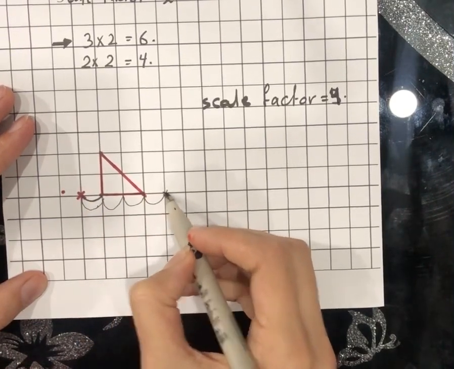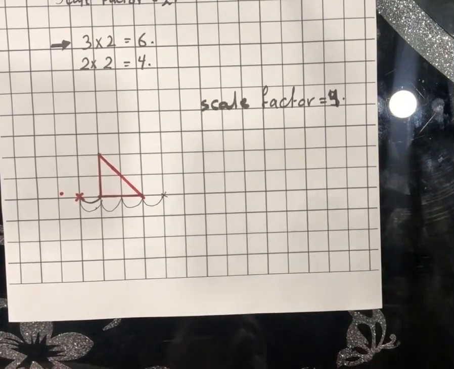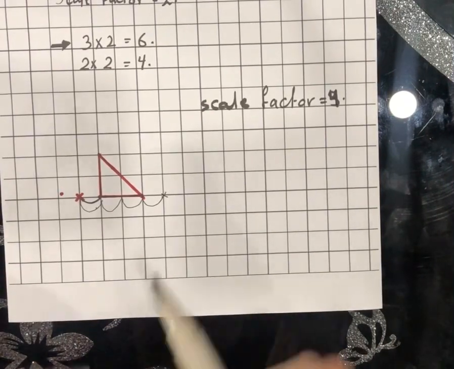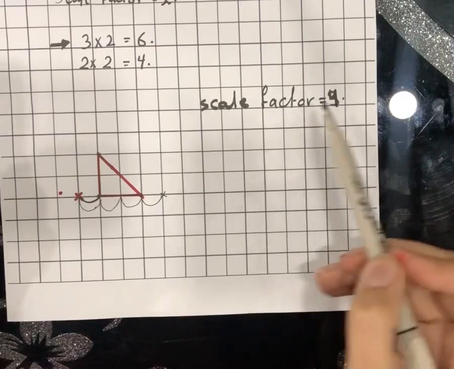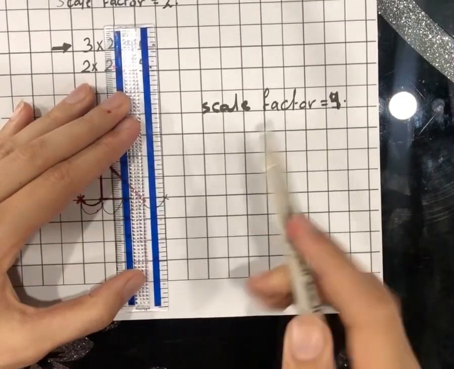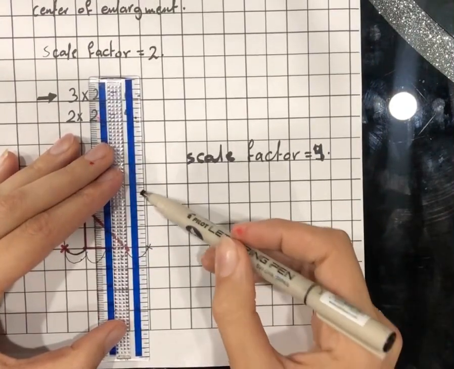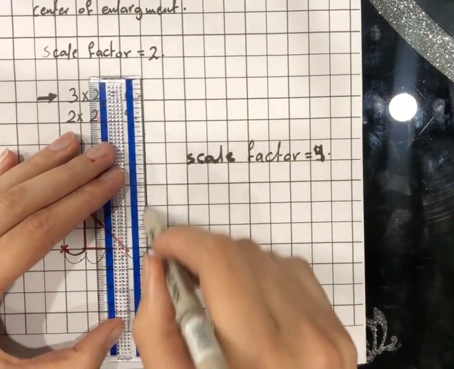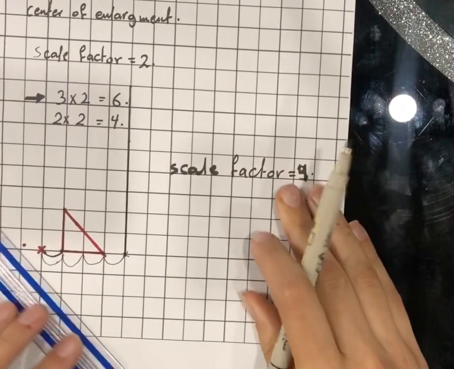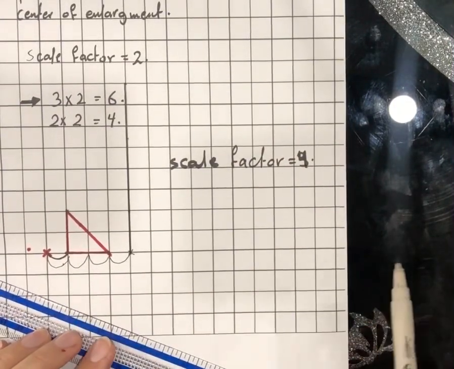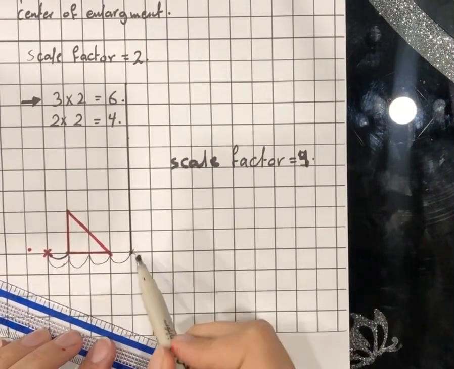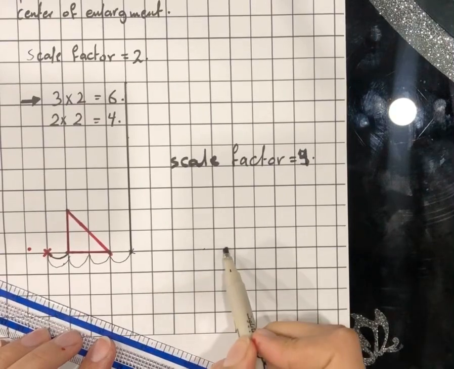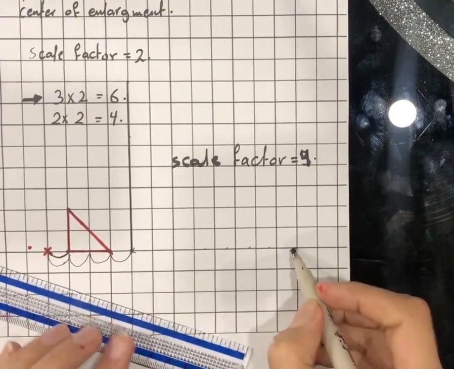So it will start here. But the new length of my triangle will be 2 multiplied by 4, so it will be 8. 1, 2, 3, 4, 5, 6, 7, 8. And then from this side, it'll also be 8. So 1, 2, 3, 4, 5, 6, 7, 8.